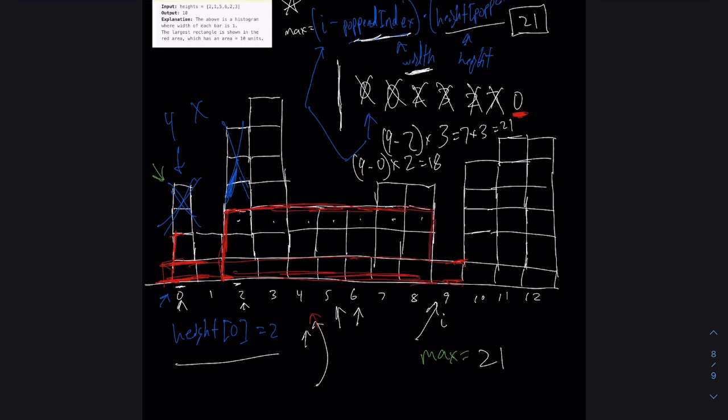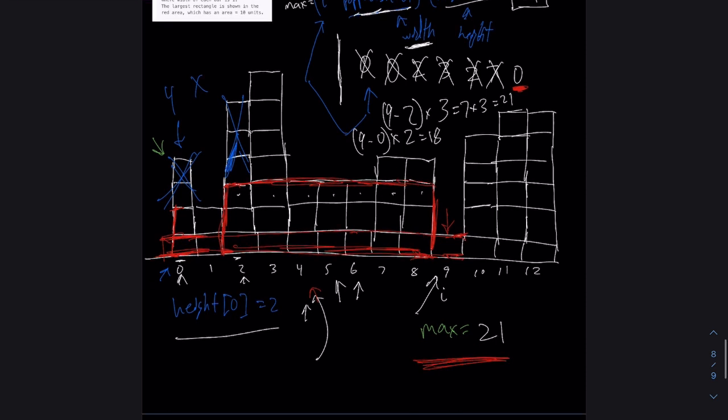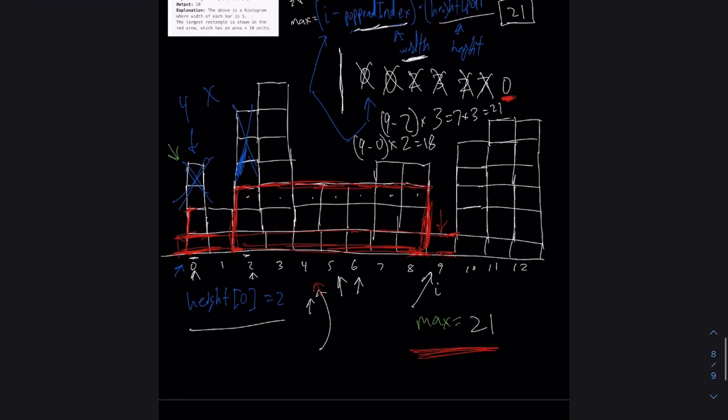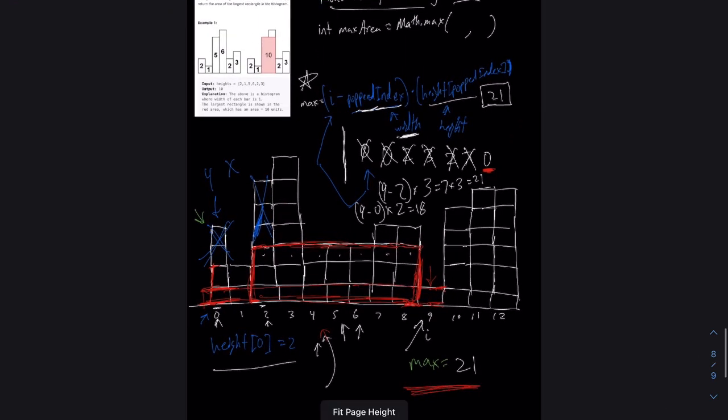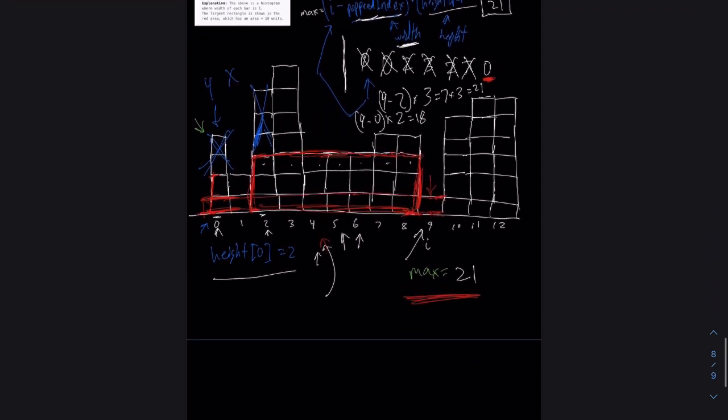I did not draw this ending, but once I noticed that this height over here was less than this height, I drew this, and that's where I updated my max value. Because once I see this, I know, okay, this 3 is no longer viable as a height all the way back here anymore. And yeah, that's basically all there is to this problem.